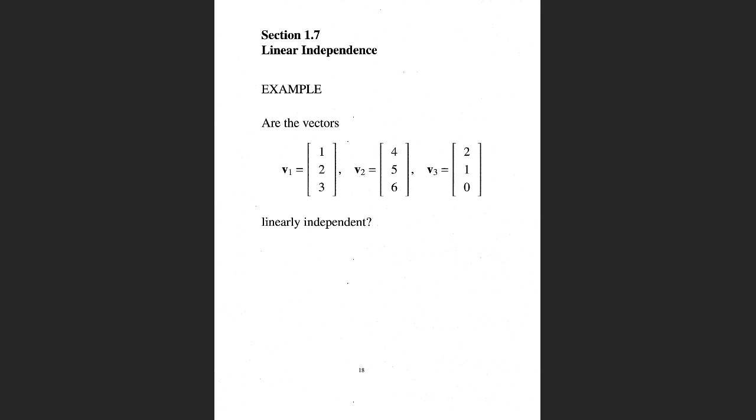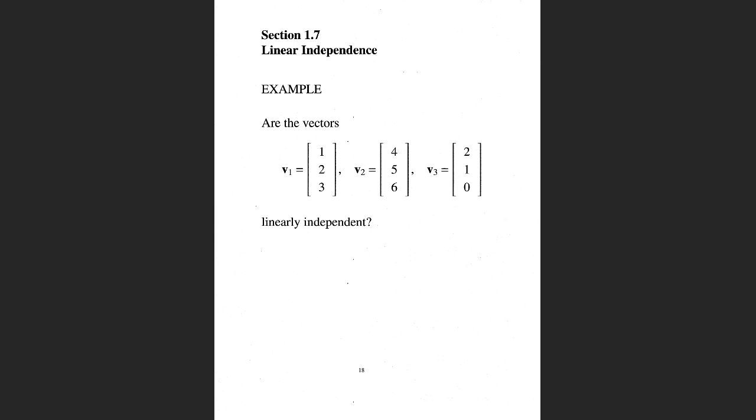For linear dependence to occur, one of the vectors would have to be a linear combination of the other two. Sometimes you can figure it out just by looking at the vectors. There's a few problems in your homework for section 1.7 where you can establish a dependence relationship without too much difficulty.